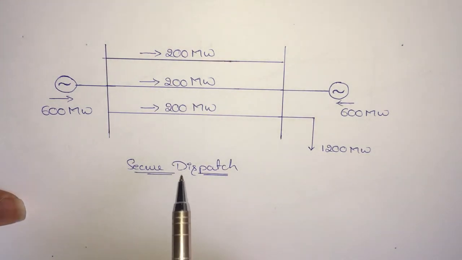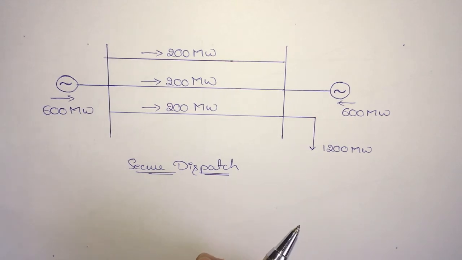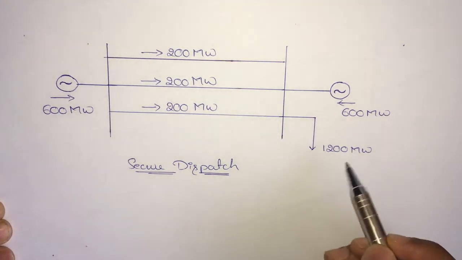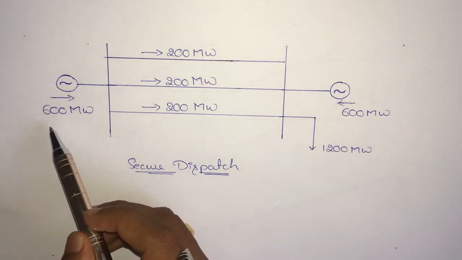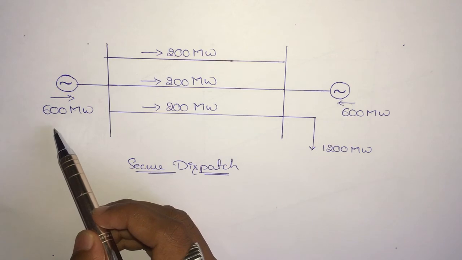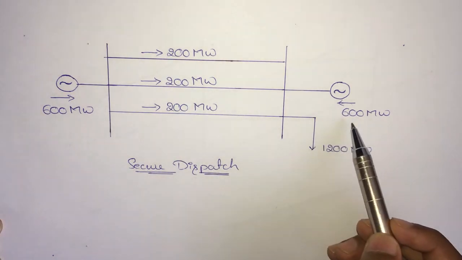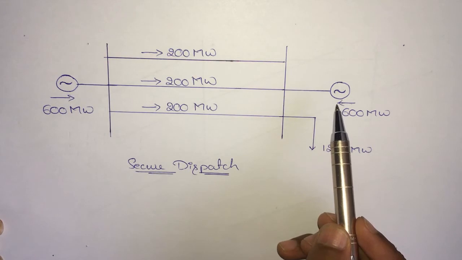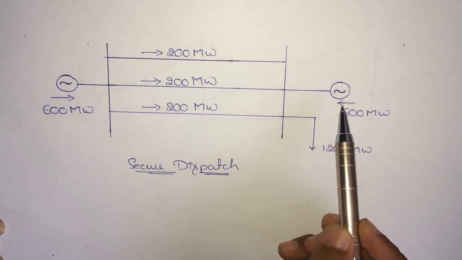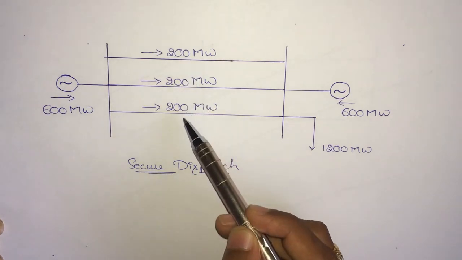Here we can see we have now redefined our generators' generating capacities. The load is the same, 1200 megawatt. Previously the first generator was generating 900 megawatt, now it is 600 megawatt, and the second generator is 600 megawatt, previously it was 300 megawatt. Now we have redefined the generating capacity of the two generators, and now the transmission line is carrying 200 megawatt each.